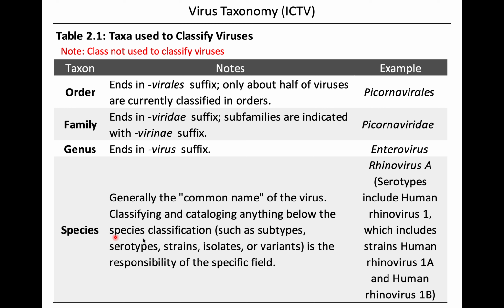So when you're talking about a specific species, a lot of times you'll see nomenclature like this, right? So human rhinovirus 1 versus human rhinovirus 1A or 1B would be getting down to different specific strains of that one species.